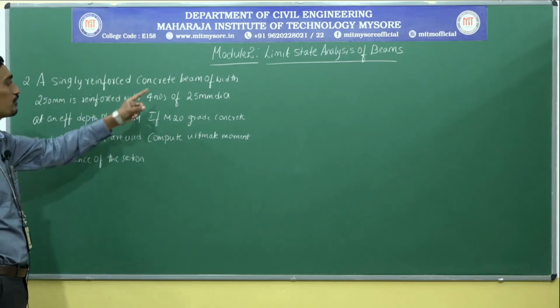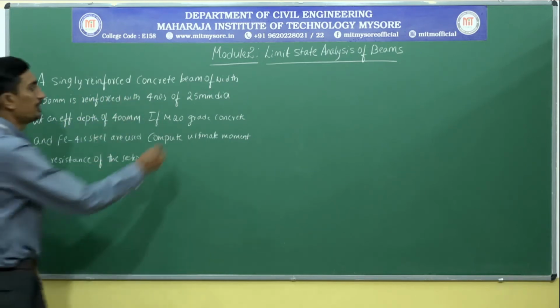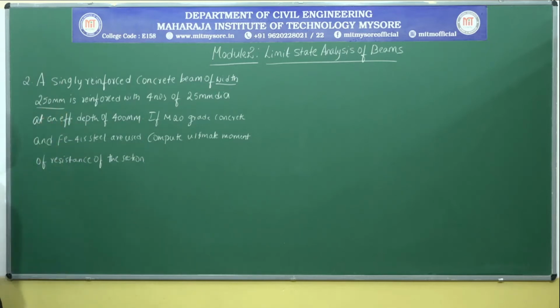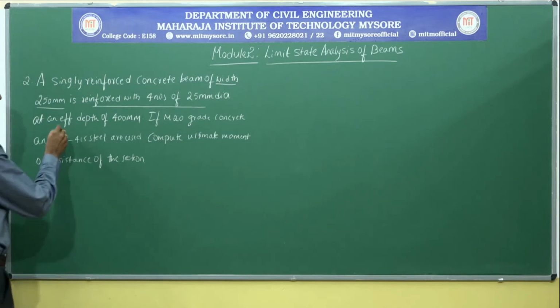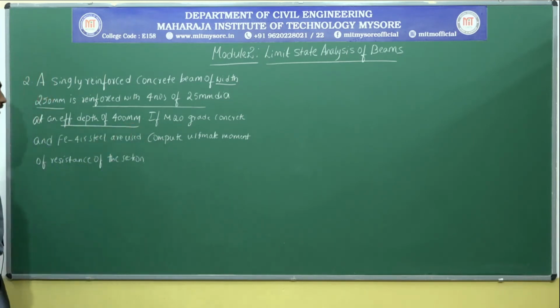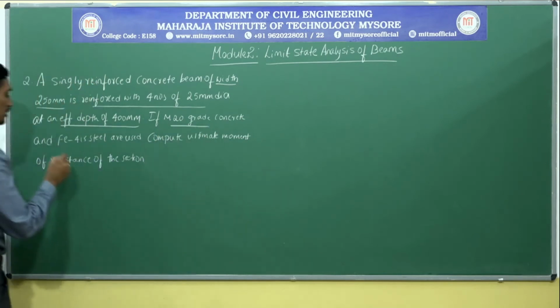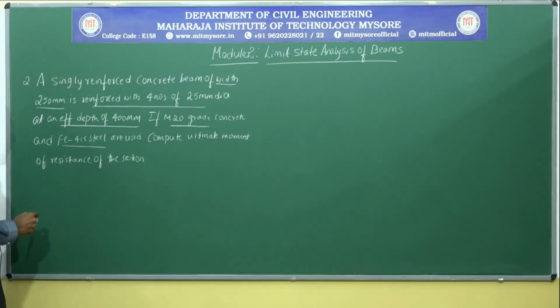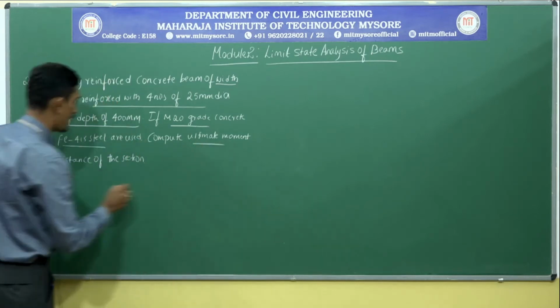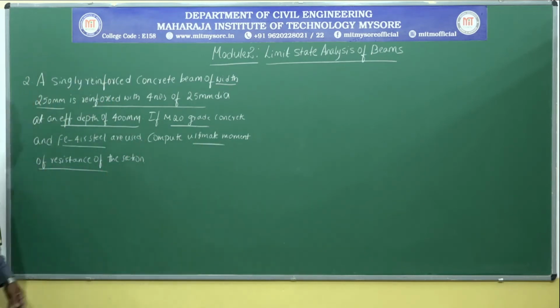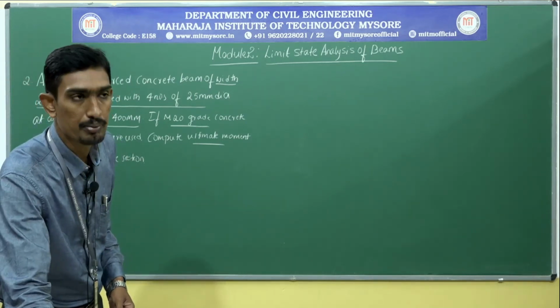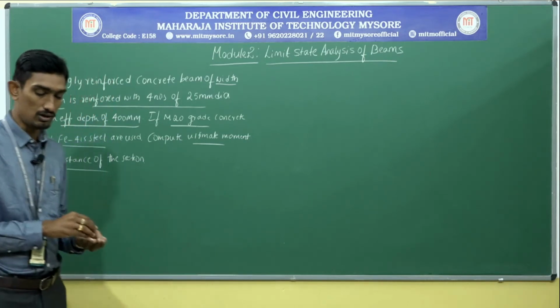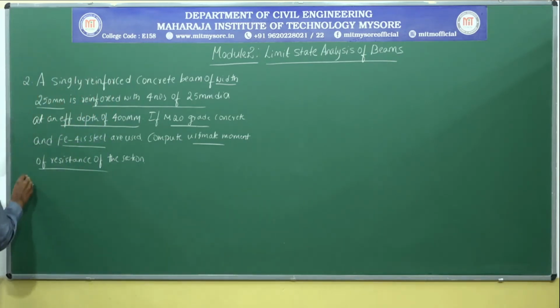A singly reinforced concrete beam of width 250 mm is reinforced with 4 numbers of 25 mm dia with an effective depth of 400 millimeter, M20 grade concrete, Fe415 steel. The aim of this problem is to find the ultimate moment of resistance of a section. Let us write down the data.